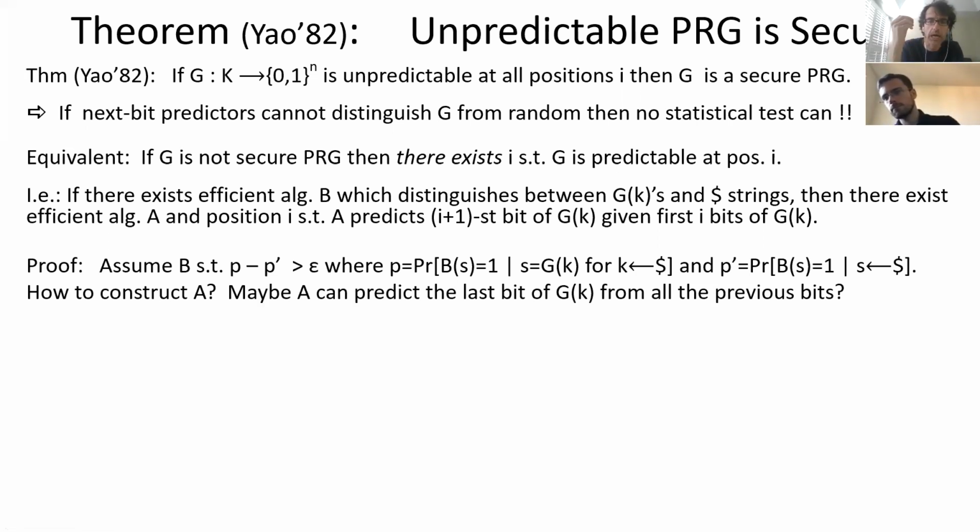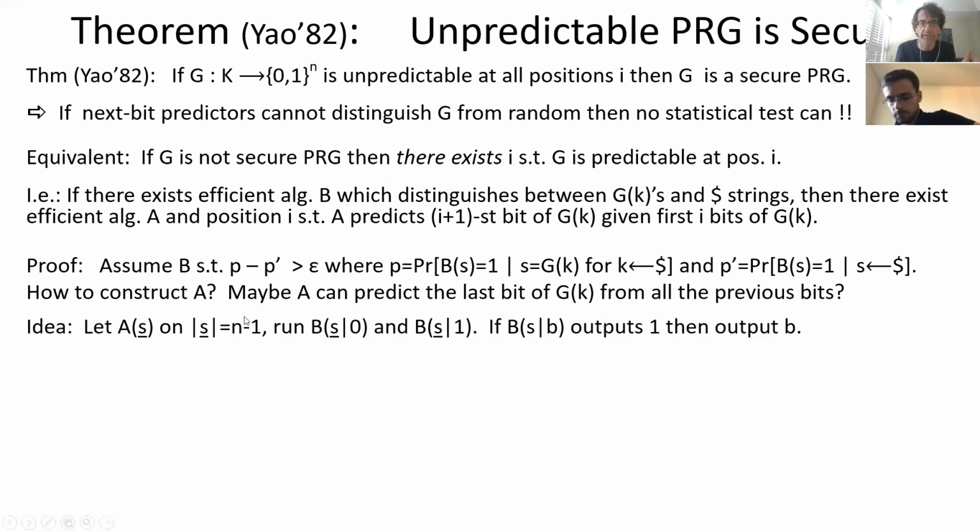So how can we use B to construct A? B has all the bits of the output, and once it has all the bits, it distinguishes this from a random string. So perhaps we can build a predictor that has all the bits except the last one, and predicts the last bit based on what B does.